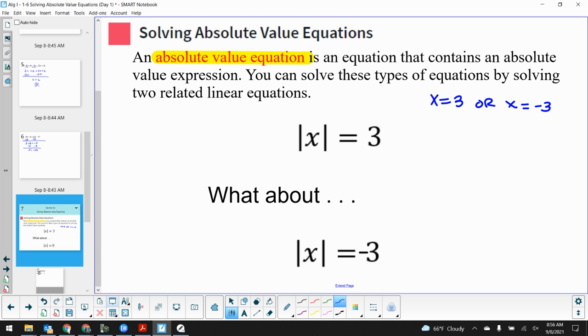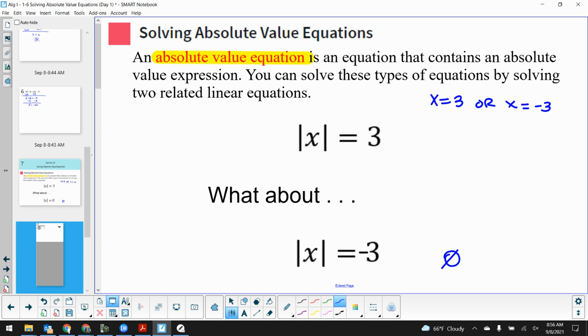No, because distance can never be negative. So is there anything I could plug in for x to make this equation true? No. I mean, you might be tempted to say 3. No, doesn't work. You might be tempted to say negative 3. Nope, that's positive 3 again. So there are no solutions to that equation. If you ever get a time where the absolute value is equal to a negative number, you can right off the bat say, well, no solutions, done. Don't have to solve that one. Those are nice when that happens.